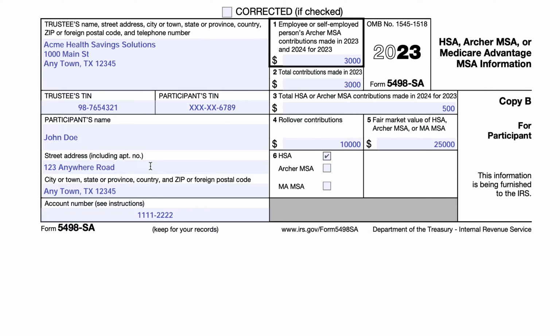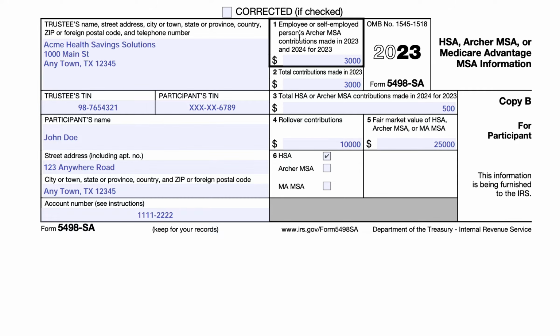So now we're going to focus on the right-hand side. There are a lot fewer information fields here than there are for the IRA version of this form. So let's go ahead and start with box 1.